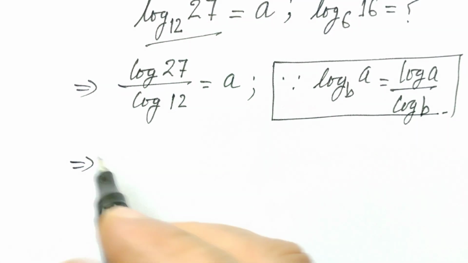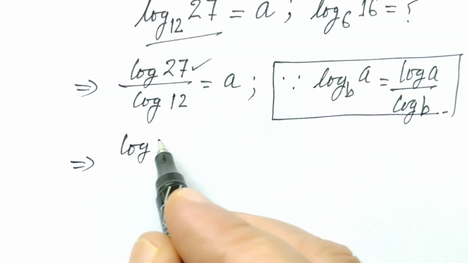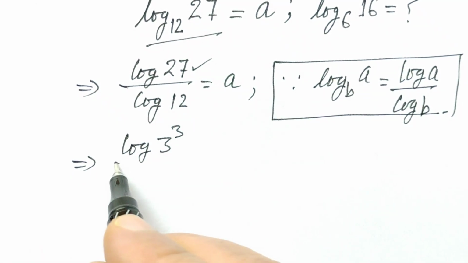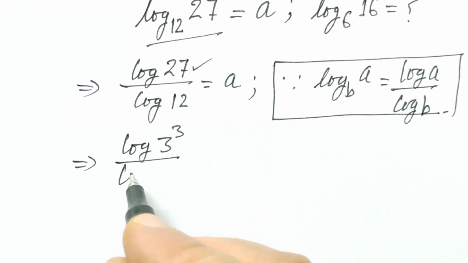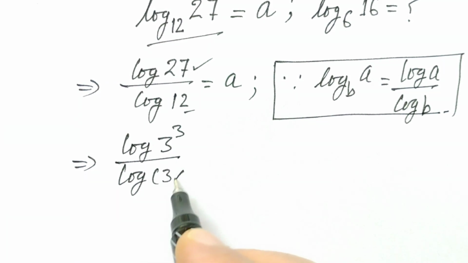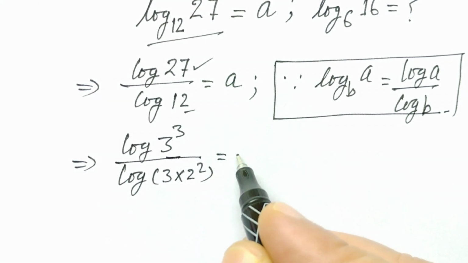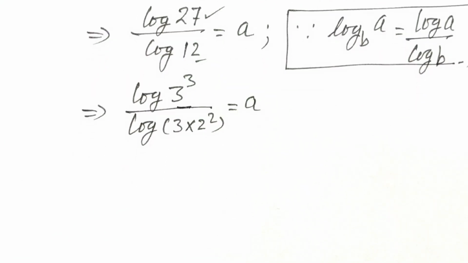In the next step, log of 27 can be written as 3 cube over log of 12 as 3 into 2 square is equal to a. Fine.